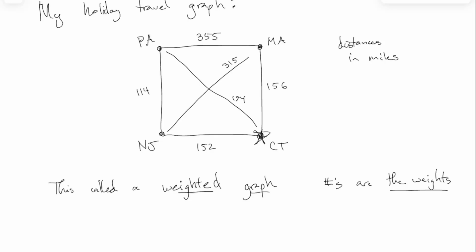Although you can imagine variations of this problem. If instead of making the shortest possible distance, I said I want to make the shortest possible time, in this case they would be related to one another. But the weights could represent the times, or they could represent the cost of making these drives. If you had other costs associated, if there were tolls or something, you could try to minimize the cost, whatever. Anyway, those numbers are called the weights.